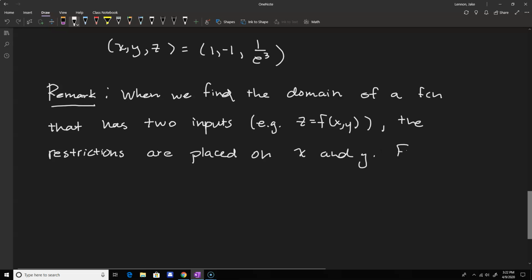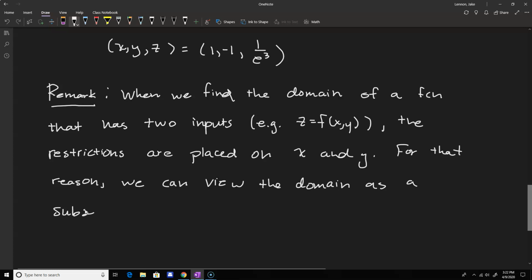So for that reason, we can view the domain as a subsection of the xy plane.